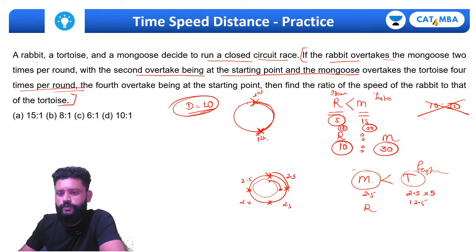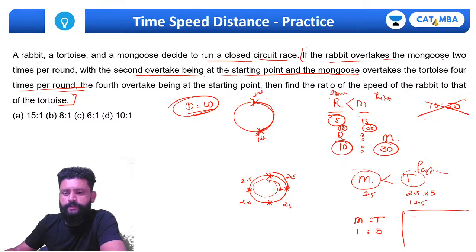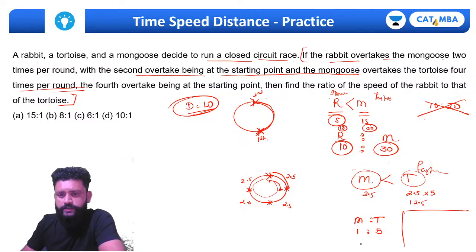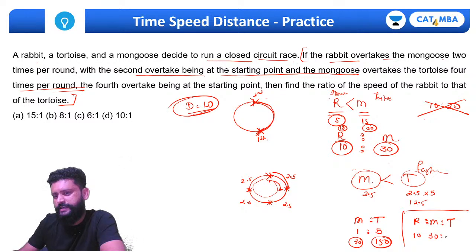So the ratio of the speed of tortoise and mongoose must be 1:5. So if we need 1:5, the tortoise's speed is 30, so the mongoose must be 150. So rabbit, tortoise and mongoose are 10:30:150.